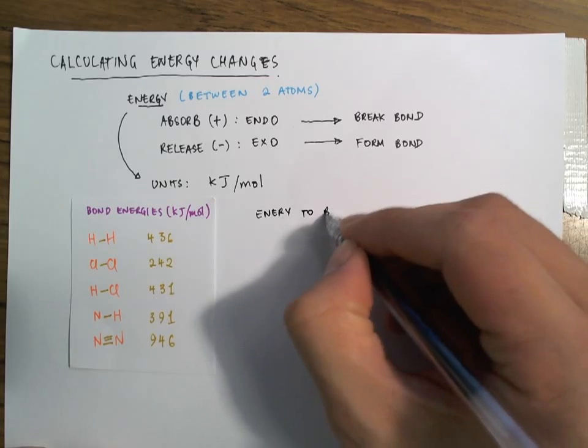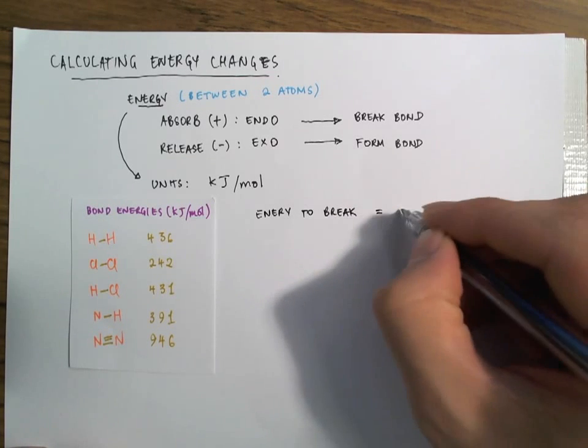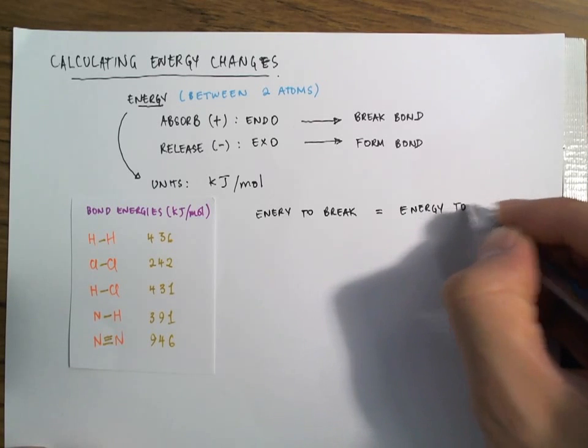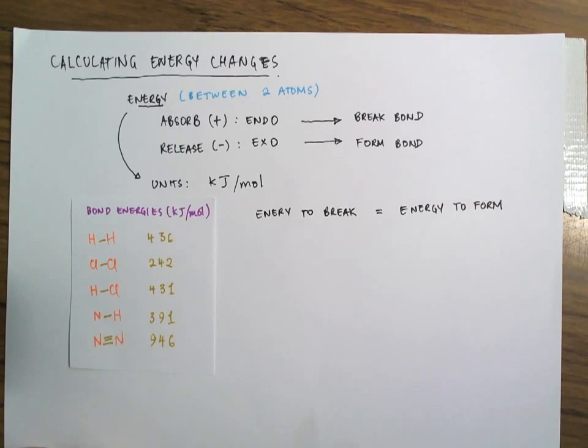So the energy to break the bonds is equal to the energy to form that same bond between the same pair of atoms.